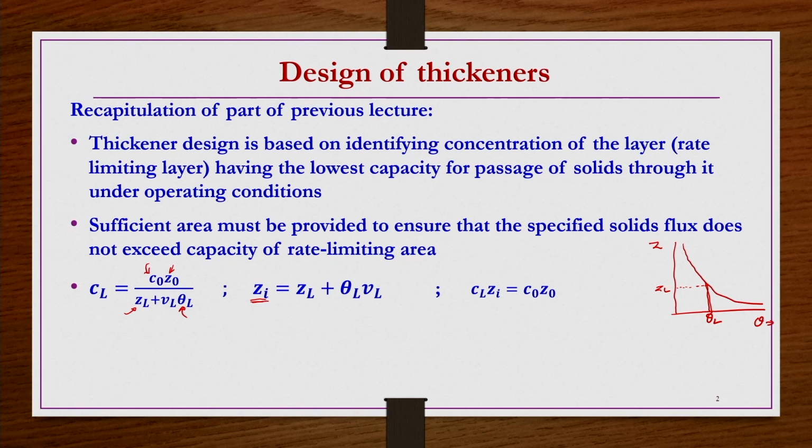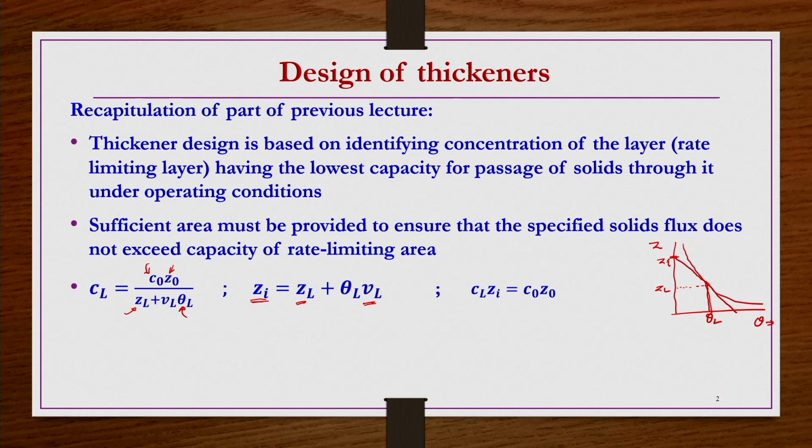But what is ZI? At this point if you draw a tangent like this, that is, the tangent at theta equals theta L drawn on this curve, that tangent may intercept the y axis at some location, and that intercept is ZI. That ZI is nothing but ZL plus theta L VL. VL is the settling velocity of the particles that is passing through this layer, okay.